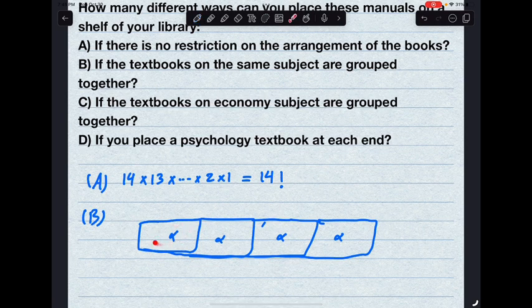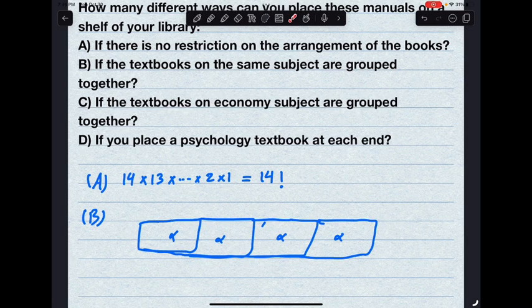Linear algebra books can be here or here or here or here. First, we're not talking about which book, because later we'll talk about where exactly all the linear algebra books are. So first we choose which of these 4 places is for linear algebra, which is for psychology, sociology, and economy. So first we choose the place of each group of books.